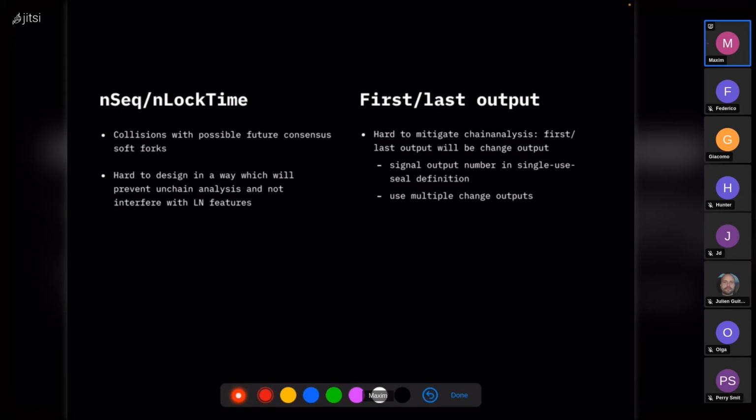No, that's not an attack, because each time you close a single-use seal, you commit to the new single-use seal, and you still have a history that is deterministic. You can't create an alternative history. If the transaction is mined, it has a commitment, and part of that commitment is the number that we use in the output definition.